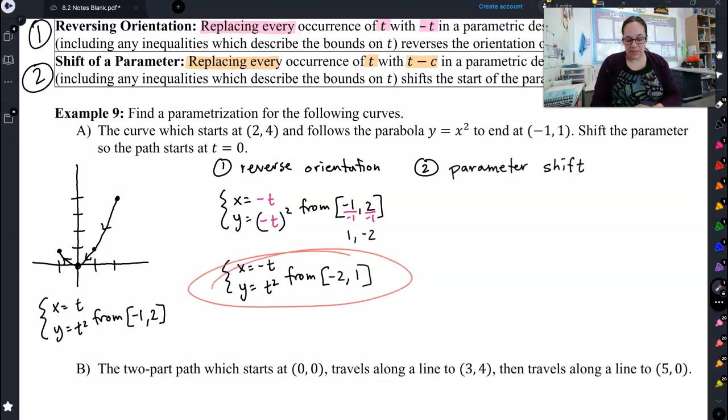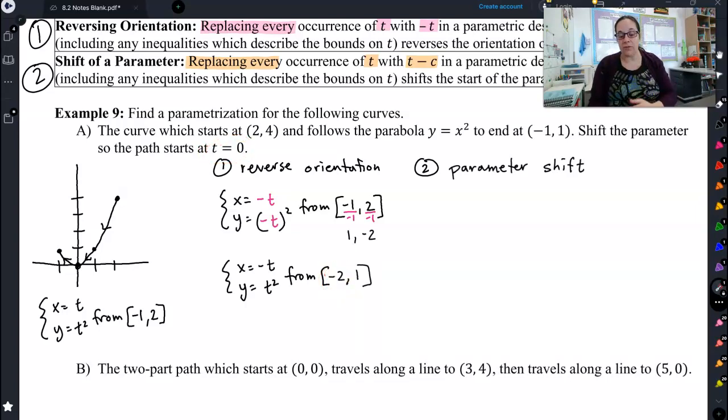And this is going to give us this same exact shape, but now it's changing what direction the arrows are going. So the arrows are going to start up here and go this way. So that right there is changing the orientation. Now we need a parameter shift because it wants the path to start at t equals 0. Right now the path is starting at negative 2.